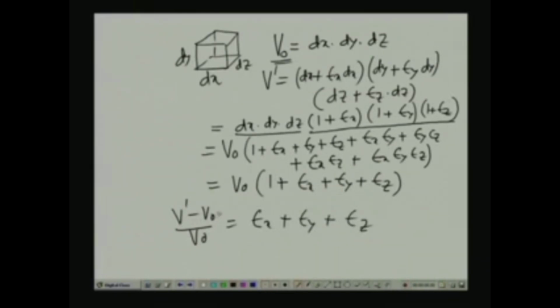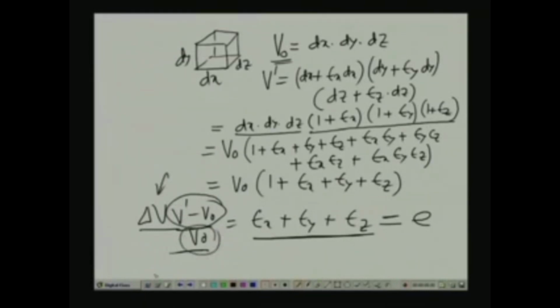Now, V dash minus V0 is the change in the volume, delta V. So, delta V by V0 is epsilon x plus epsilon y plus epsilon z, and this we denote by the quantity E. In fact, this is known as dilatation, the change in volume per unit volume. If V0 is unity, then the change in volume delta V gives E. So, dilatation is the change in volume per unit volume, which is represented in terms of strain as epsilon x plus epsilon y plus epsilon z.